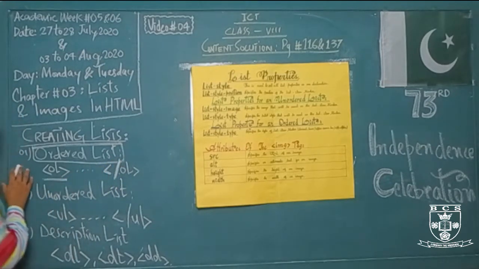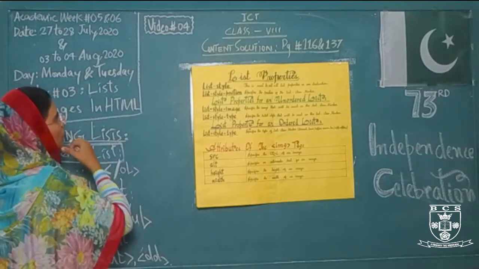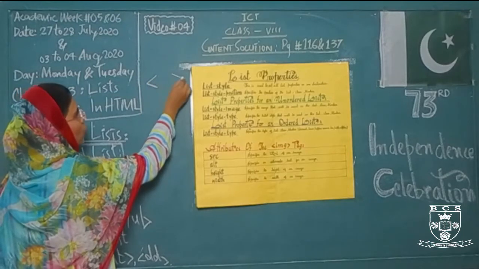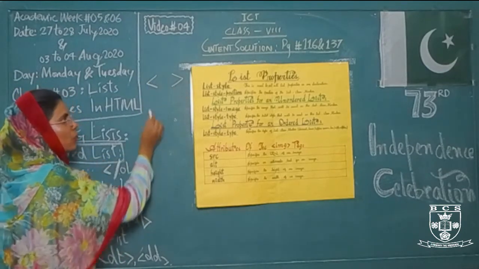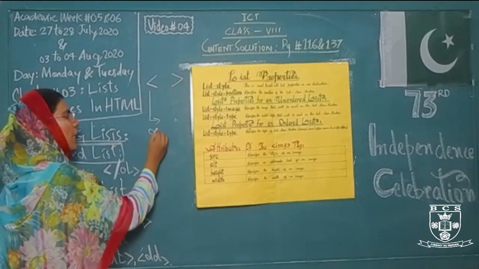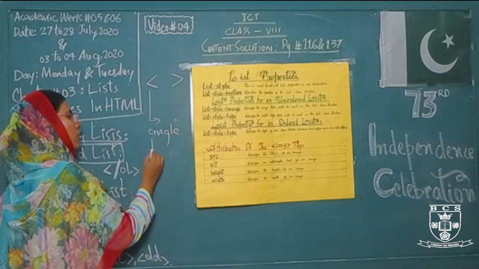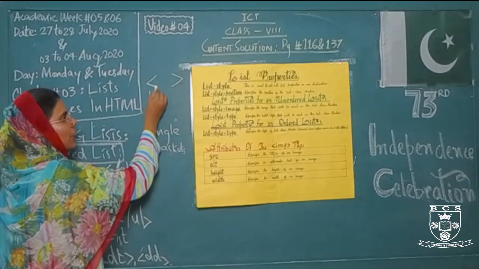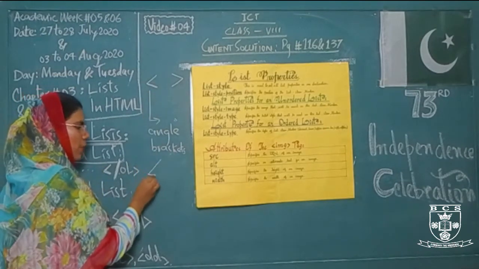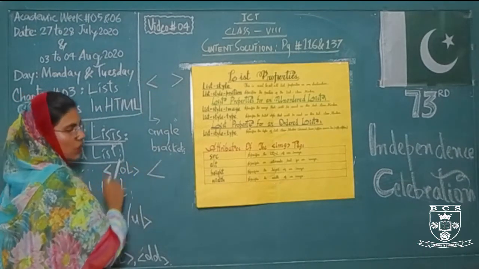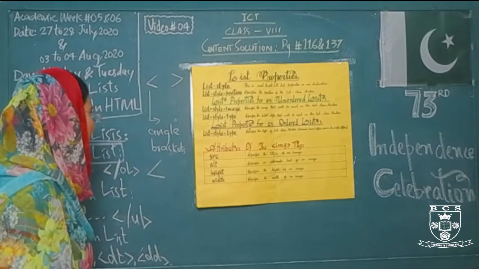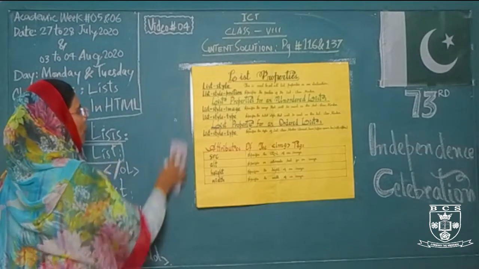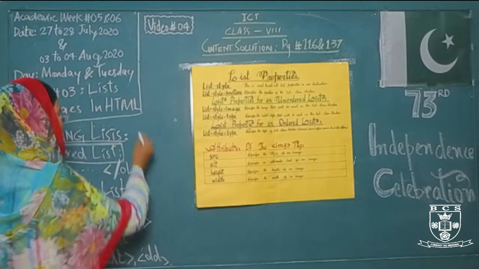Whenever we are working with tags, you have to remember two particular things. Our tag is always enclosed in these types of brackets, known as angle brackets, because they are of the type we mention as angles in mathematics. Whatever we are working for, we mention the letters enclosed within these brackets.